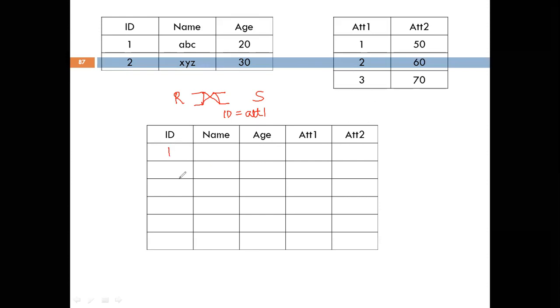So first one, if there is a matching, ABC 20, then 2 XYZ 30. Is there a matching for 1? Yes. So 1 50, 2 60. Here we have ended with relation R. Now on the other side we have 3 70, but there is no matching, so null.